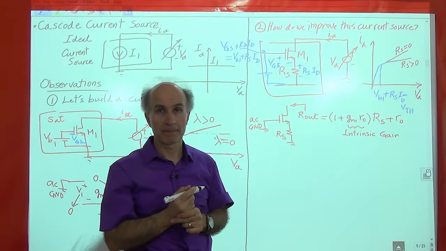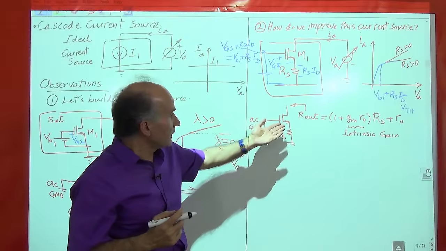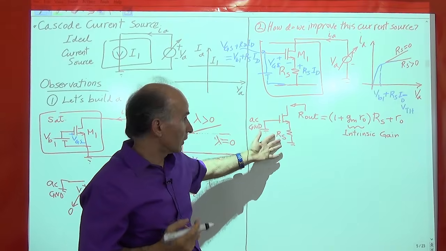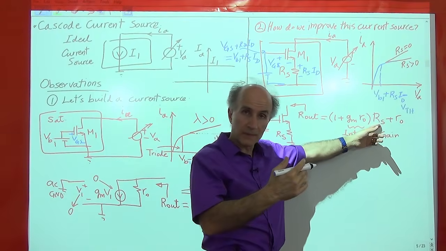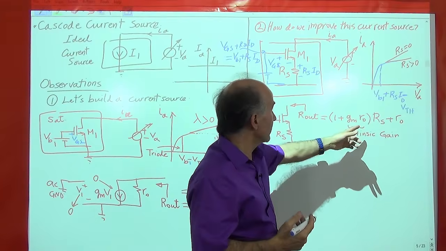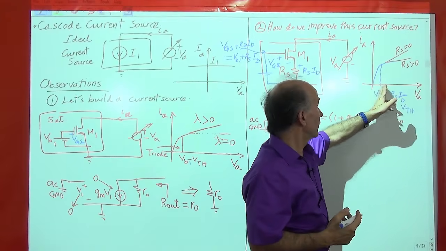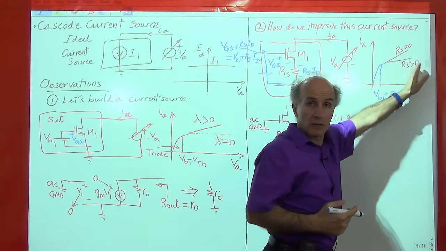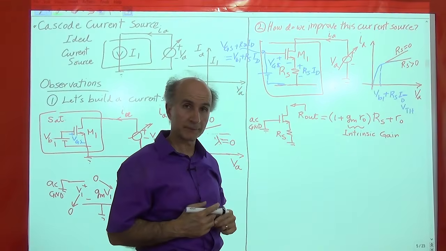Okay? All right. So now, in order to increase the output resistance of this current source, we could try to increase RS, right? You can just increase it and increase it. But the problem is that as RS goes up, RS ID goes up, this collapsing point moves this way. So we have a more limited range for the voltage that this current source can tolerate at the drain.